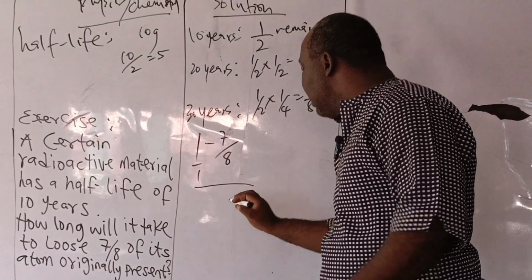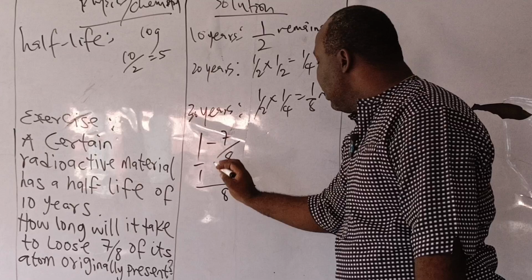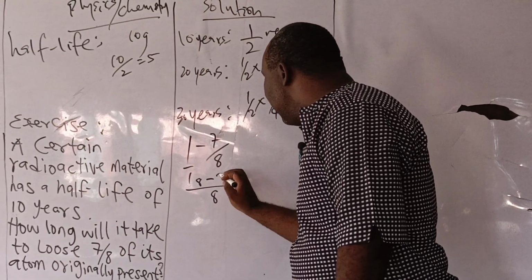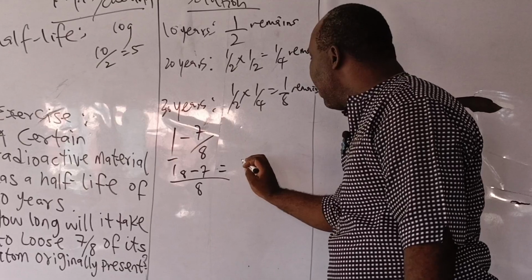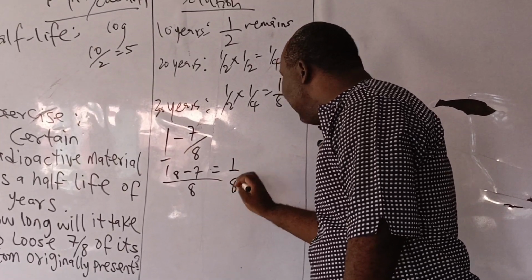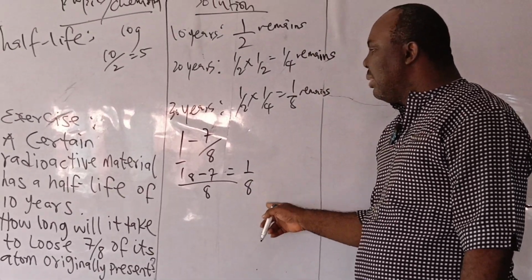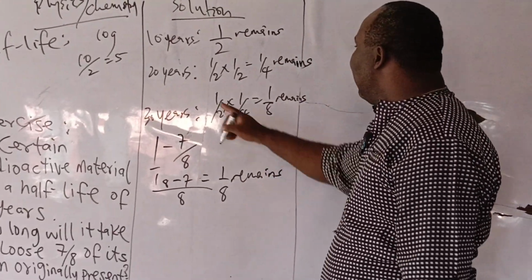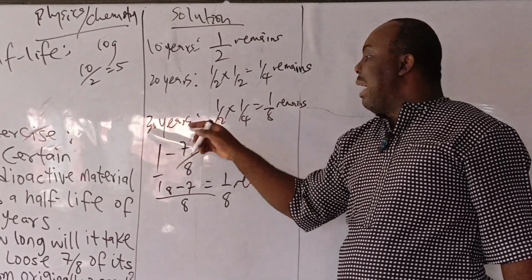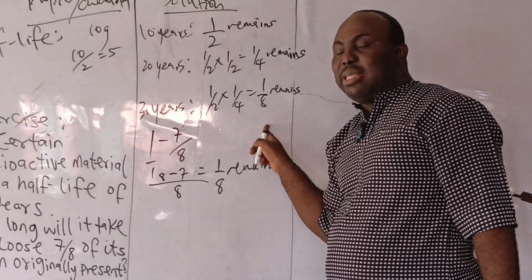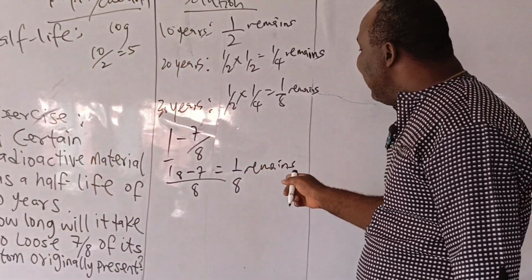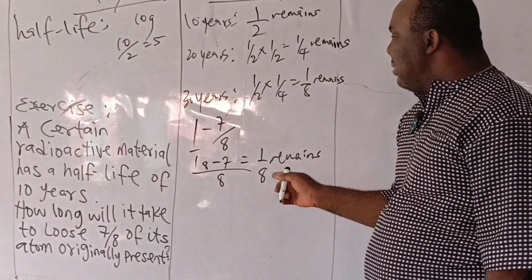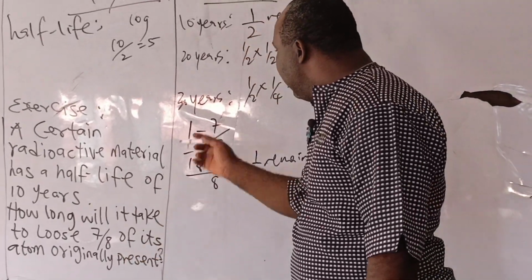Taking the LCM 8, we have 8 minus 7, which gives 1/8. This is the one that remains, and you can see that it corresponds to 30 years. After 30 years, the one that remains is 1/8. So the answer to the question is 30 years.